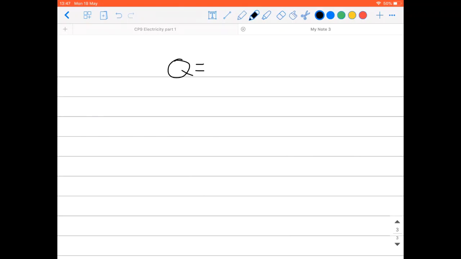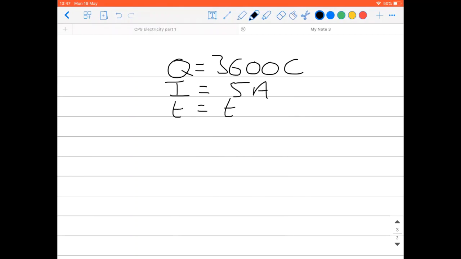I'm just going to go straight for Q equals 3,600. My charge is 3,600 coulombs. My current is 5 amps, and T is what I'm trying to find, so I'm just going to leave it as T. Q equals IT. 3,600 equals 5 times T.